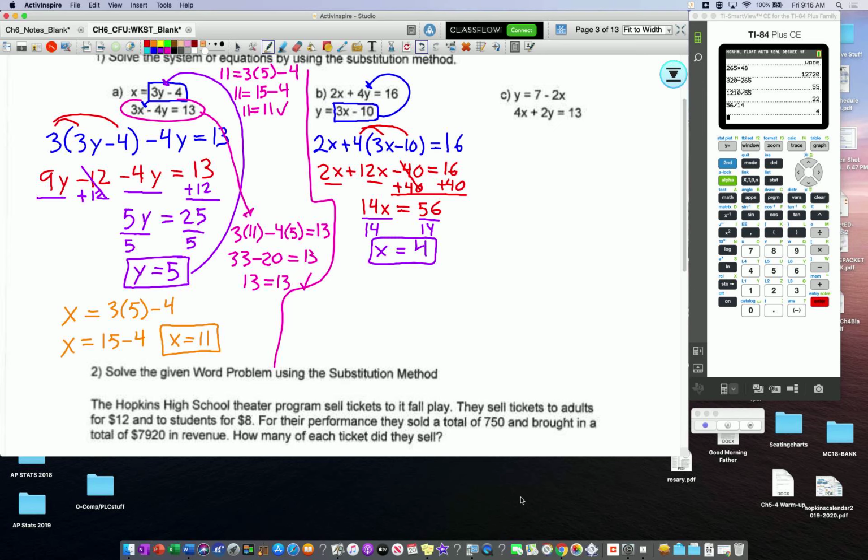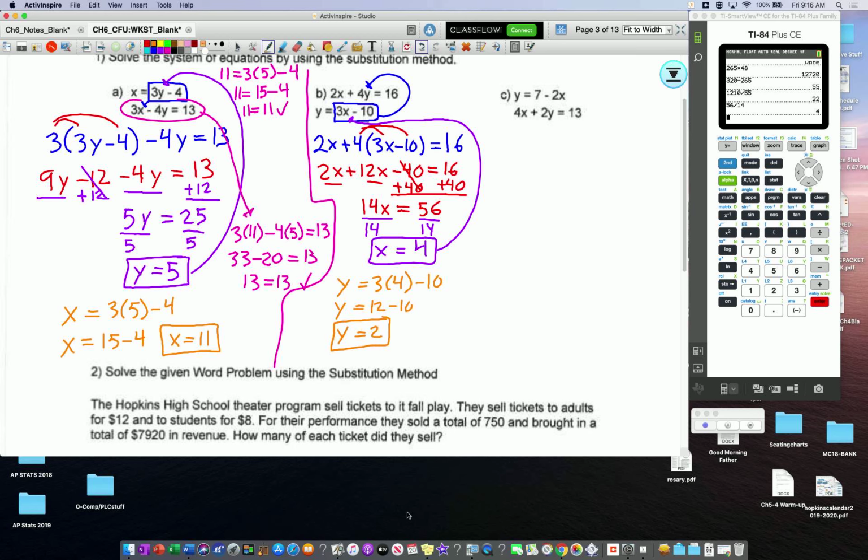Nice. So now, I'm going to plug this back in to the first equation so I can figure out y. y equals 3 times 4 minus 10. 3 times 4 is 12. 12 minus 10 makes y to be 2.